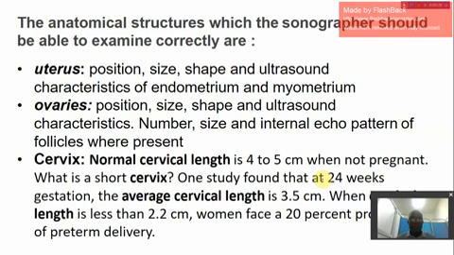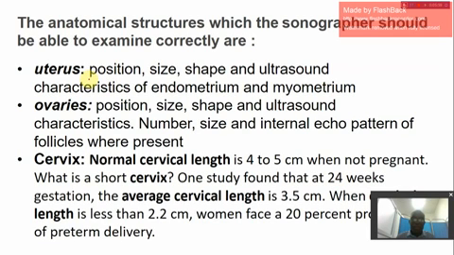Then let's look at the uterus. What are the anatomical structures which the sonographer should be able to examine correctly? The position of the uterus, the size, the shape, and the ultrasound findings of the endometrium and myometrium. So if you're able to diagnose very well, you'll be able to know that, oh, the uterus has this size.